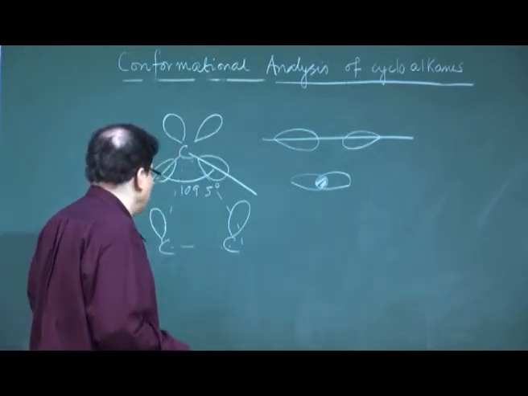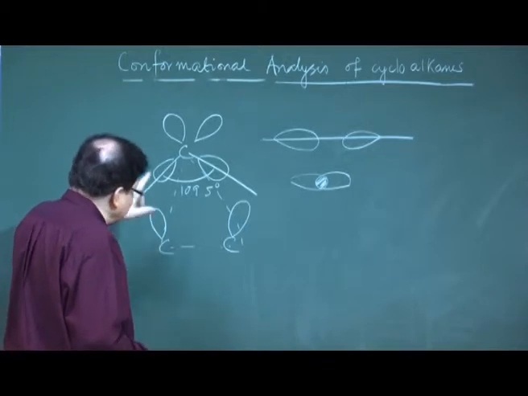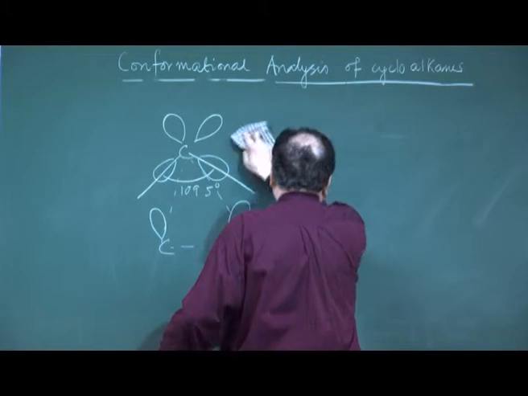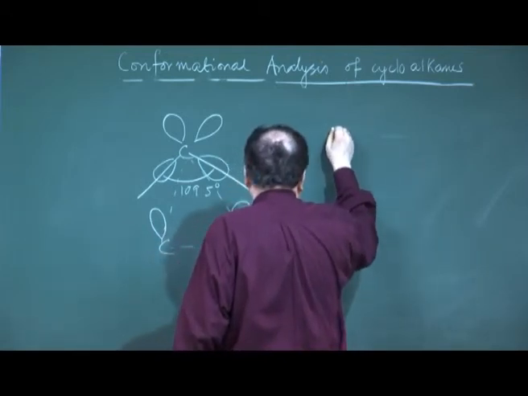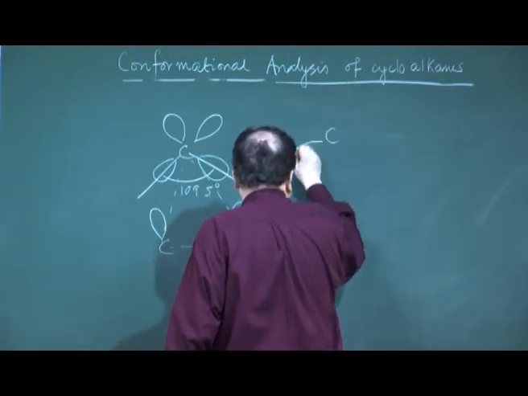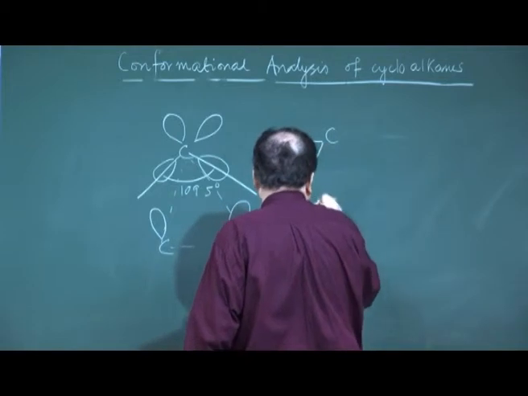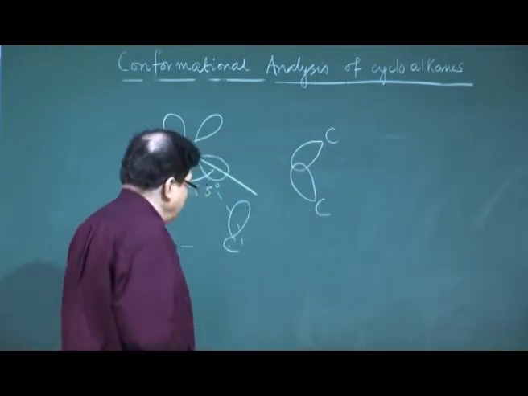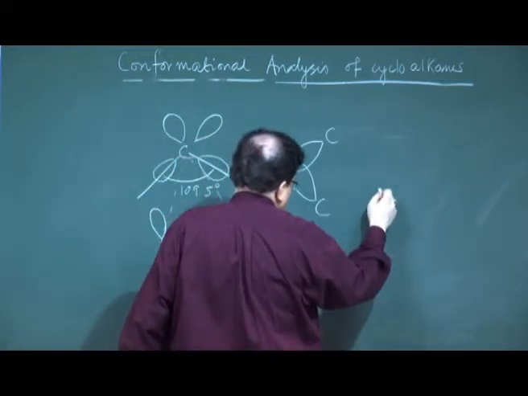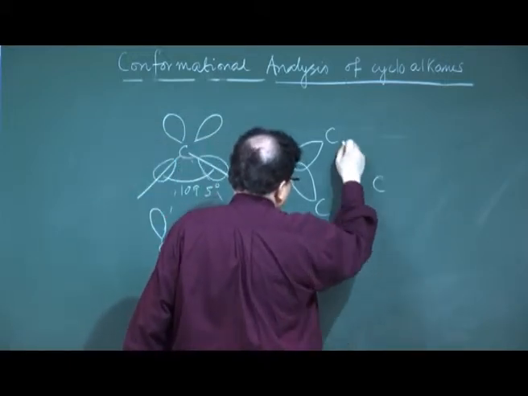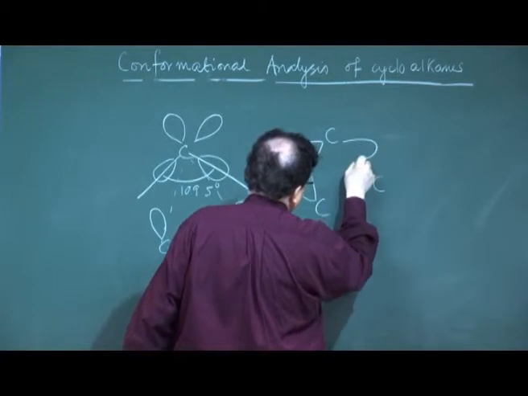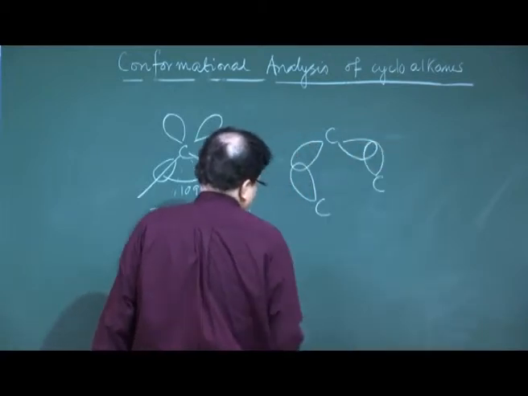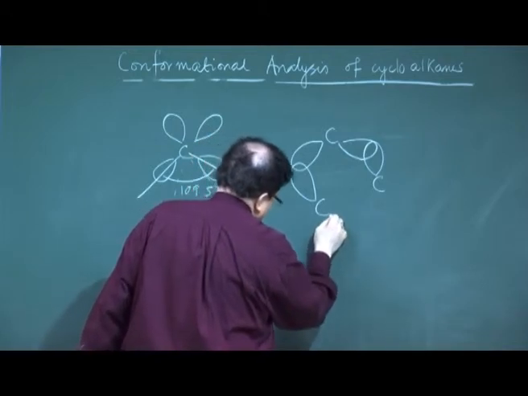In case of cyclopropane, what happens? As these carbons come closer, the orbitals are no longer approaching in a linear fashion. This is one orbital, and for this carbon the orbital will be like this, and for this another carbon is here. Here also a very similar situation: this is pointing towards that direction, this is pointing towards this direction, and for this also.